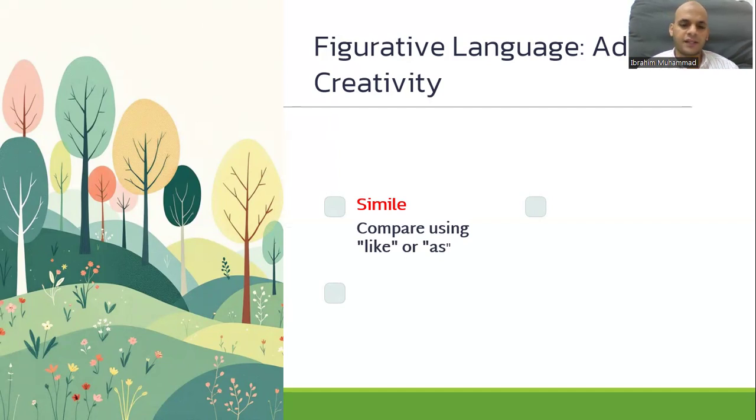For example, I can say the dog is like a lion. So I can use words like as and like. What else? We have a metaphor. A metaphor is another type of figurative language. In the metaphor, we compare two things together, but not using as or like.